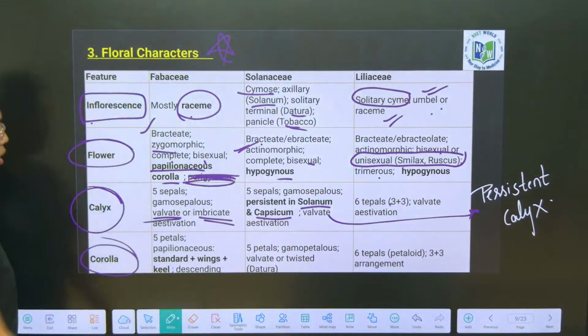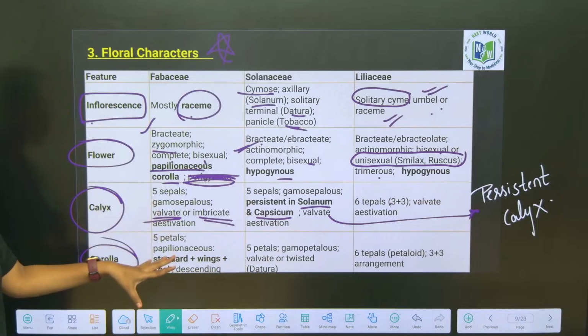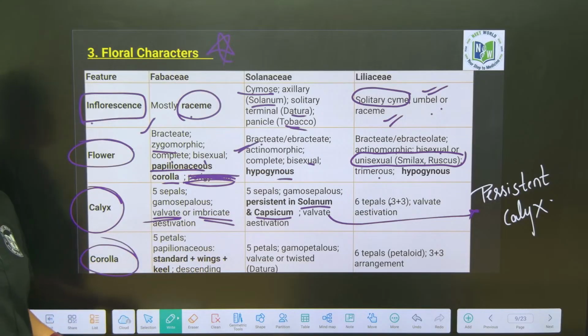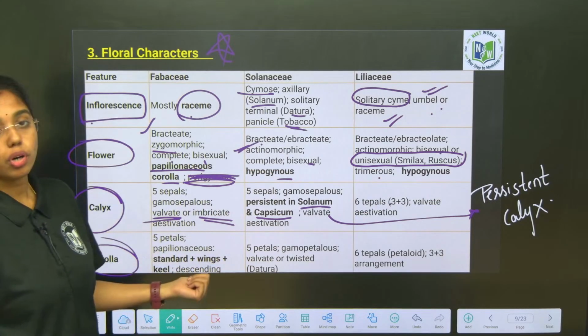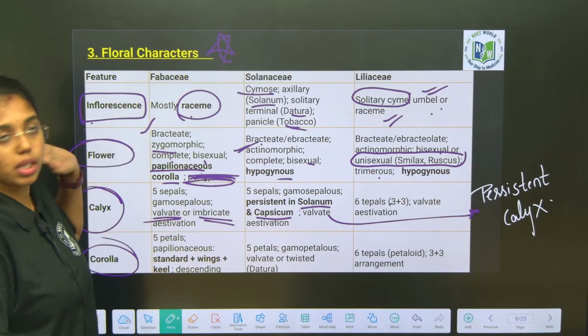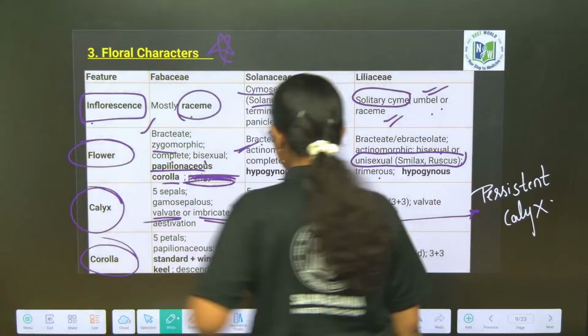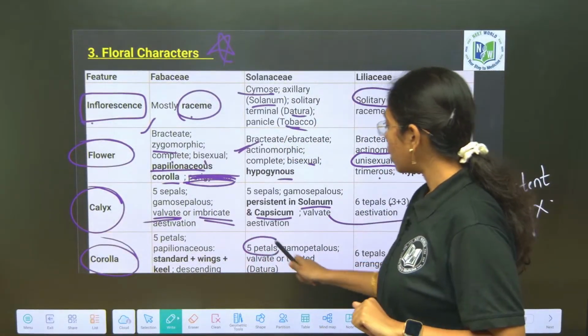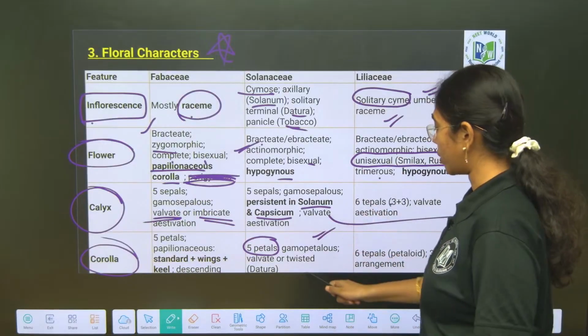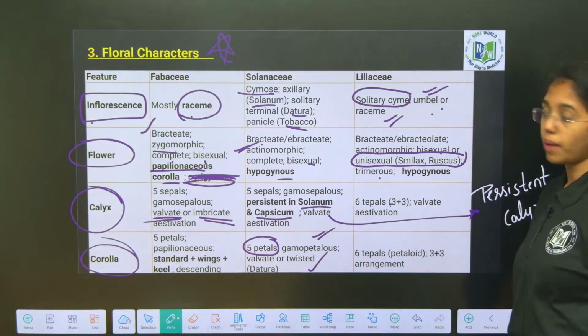Next is corolla. Corolla has again 5 petals, papilionaceous condition: 1 standard petal, 2 wing petals and 2 keel petals. Keel petals are fused. Okay, this vexillary aestivation is characteristic for Fabaceae members. Next are Solanaceae members. 5 petals are there, which show gamopetalous condition, mostly valvate or twisted. Twisted you will see in Datura.